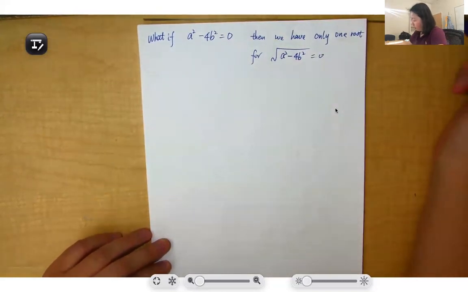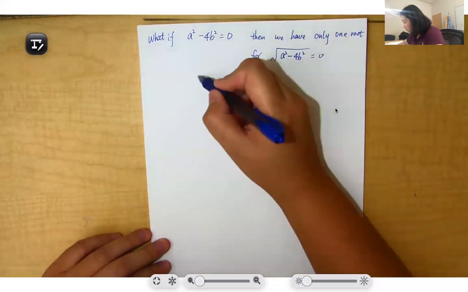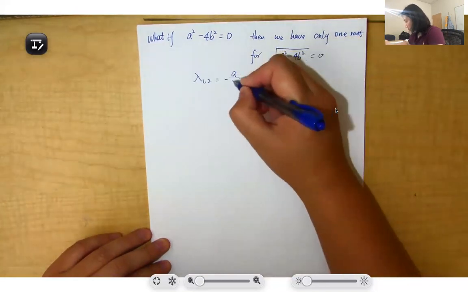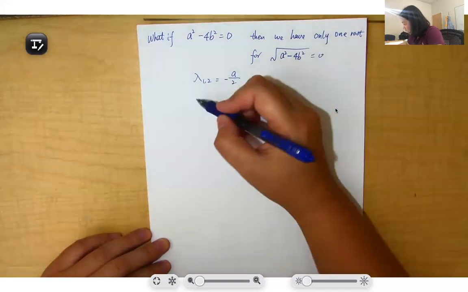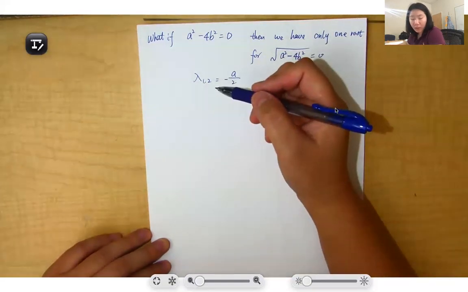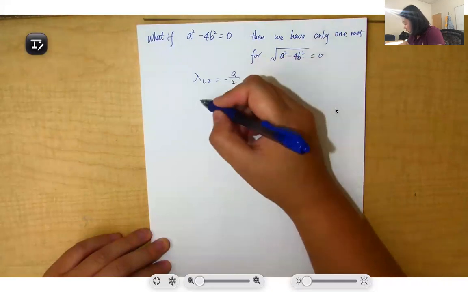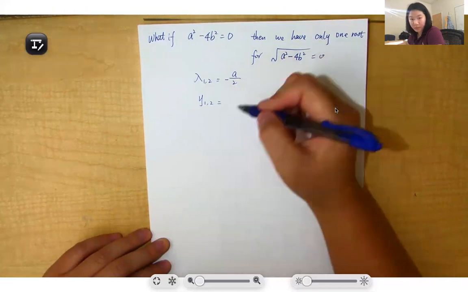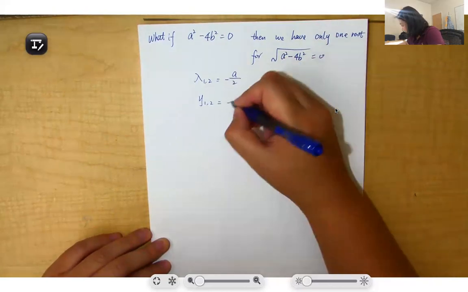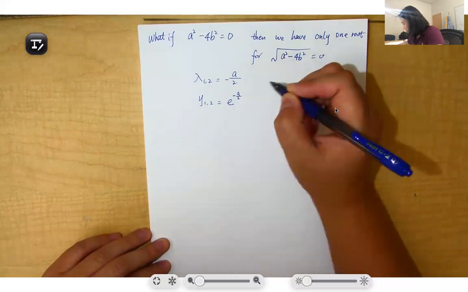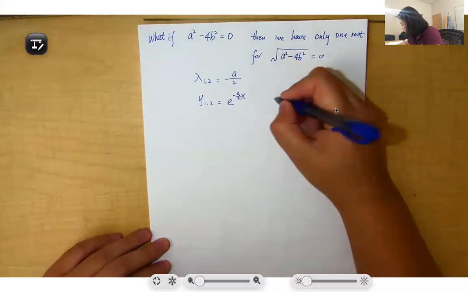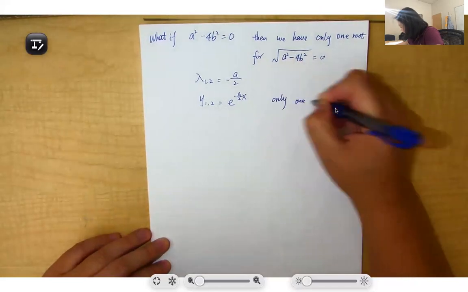So what does lambda look like? Lambda 1, 2 equals minus A divided by 2. You will only have one solution since you only have one lambda. By solving this analytically, you only get one solution, y1 equals e to the minus A over 2 x. Okay, so only one solution.